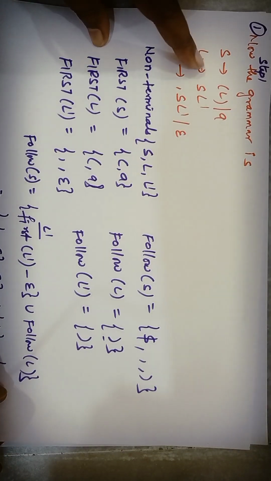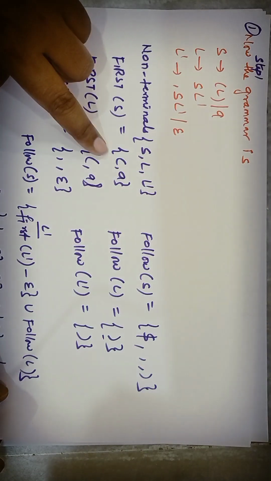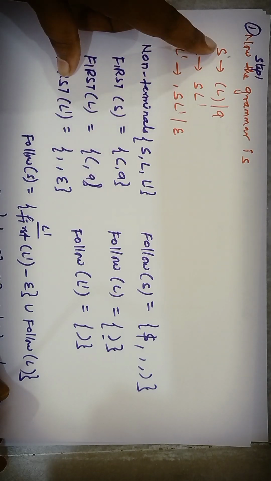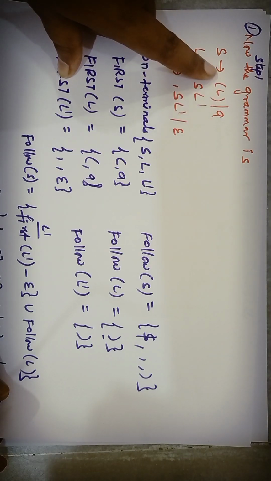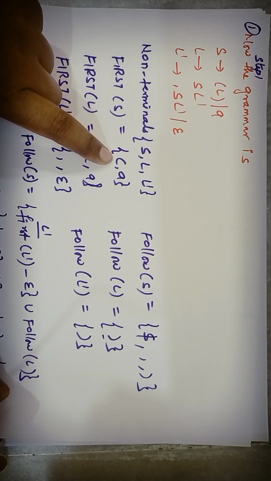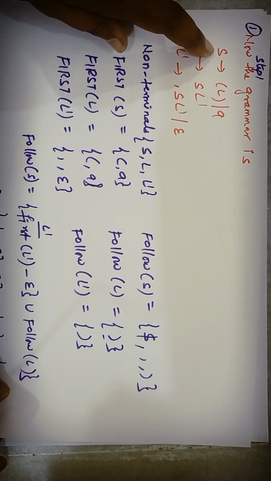So for the S production we have two things, right? First of S equals open parenthesis, A. And here S tends to, we have two productions, right? In the open parenthesis column we have to write the S tends to open brace L production, and next, in the A column, the S tends to A production.